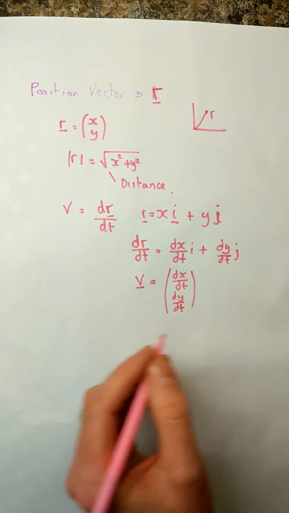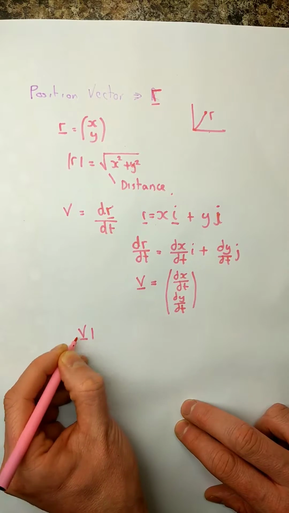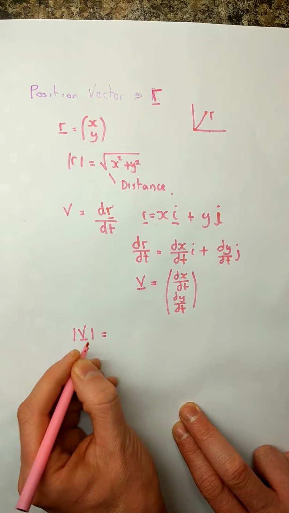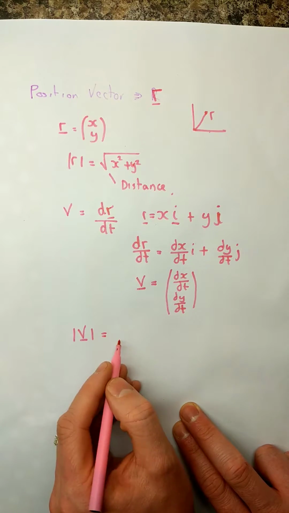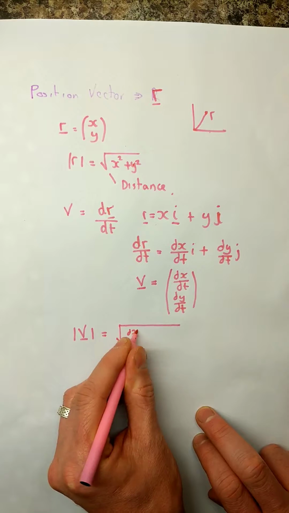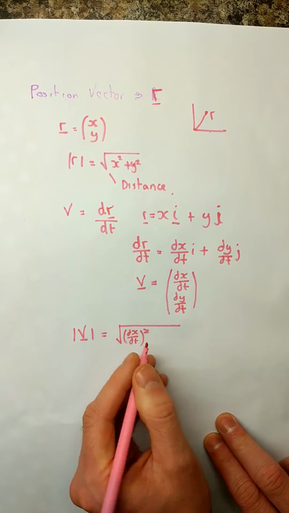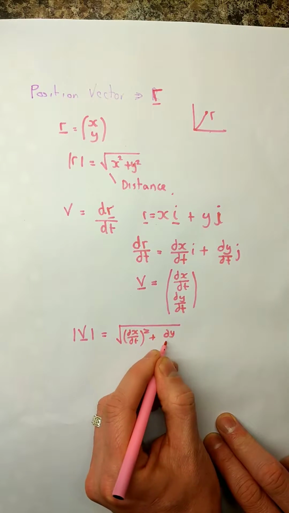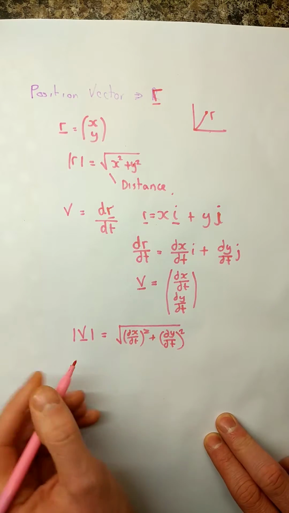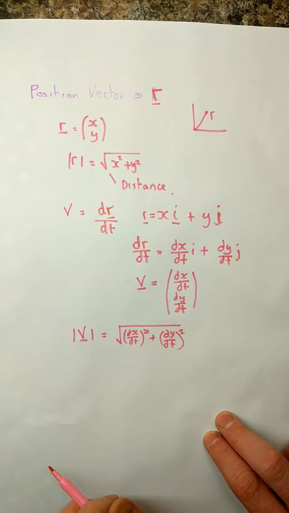Therefore, if I work out the magnitude of the velocity, I will get the speed. So again, dx by dt all squared plus dy by dt all squared, square rooted, and that will give us the speed.